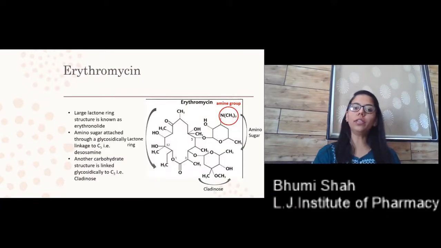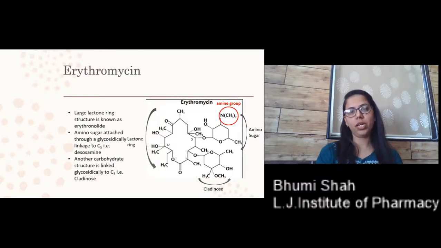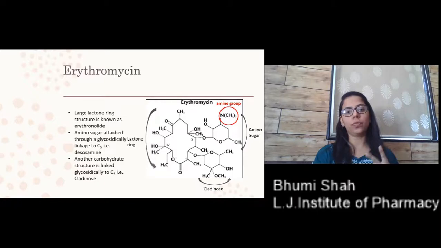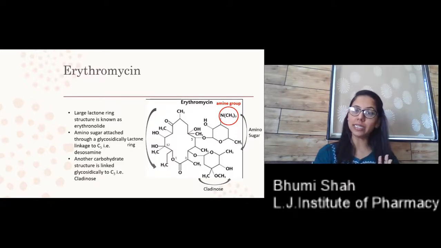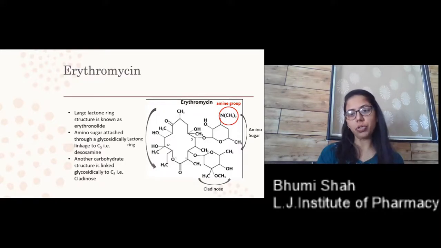This is the structure of erythromycin A. Erythromycin possesses three varieties: erythromycin A, erythromycin B, and erythromycin C. They differ slightly in their structure. Here I have shown the structure of A. In erythromycin A, a hydroxyl group is present at the 12 position.